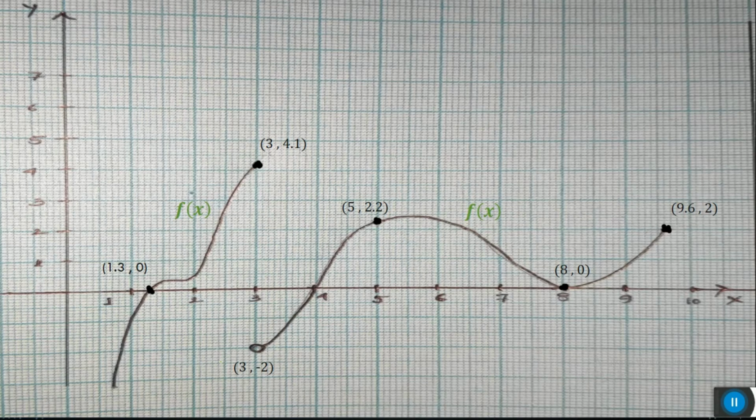Here, let's see a graph. Now let's focus on these places: here, here, here, here, here, and here. Let's see, at this interval, this point is 1.